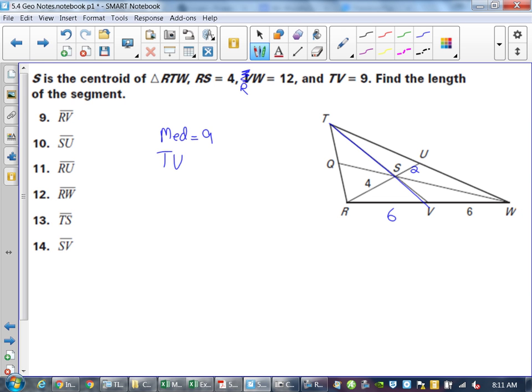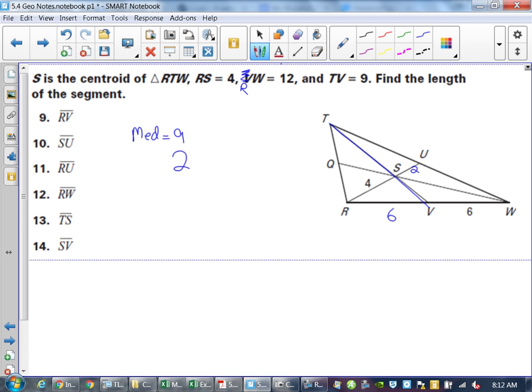So TV is the whole thing, which means that 2/3 of that is from the vertex to the centroid. Let me rewrite this. 2/3 of the whole thing is vertex to centroid.